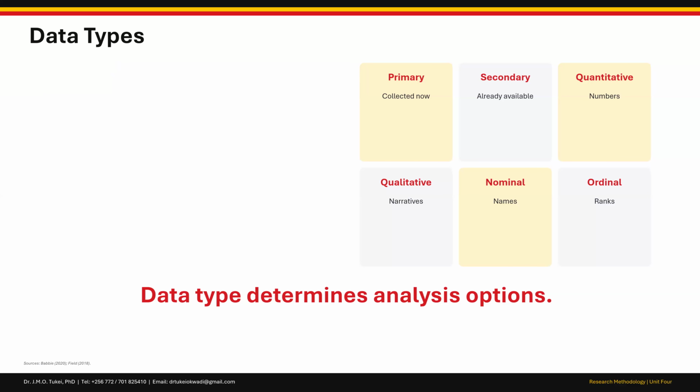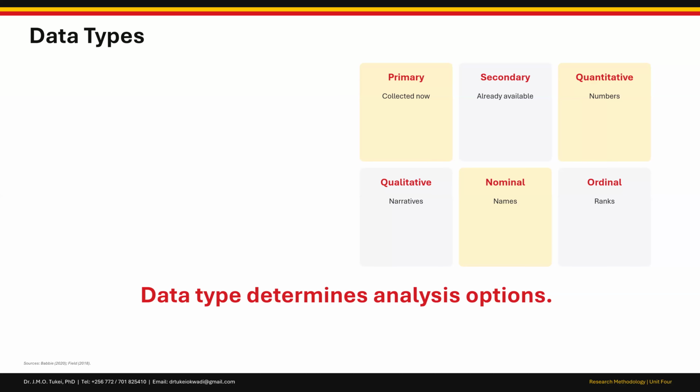Data may be primary or secondary. This is what we ought to understand. And they may also be qualitative or quantitative. Primary data are collected directly from respondents, while secondary data already exists in a document, a report, or databases. This is key and very important.